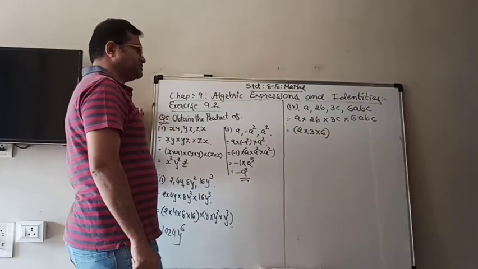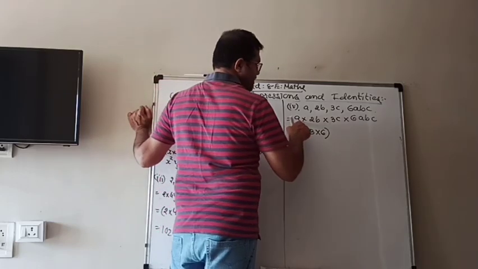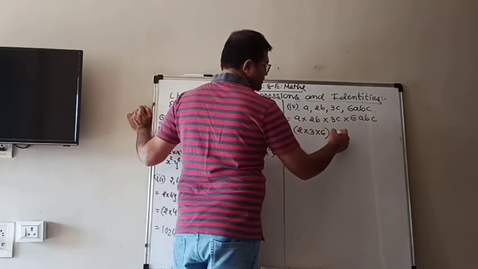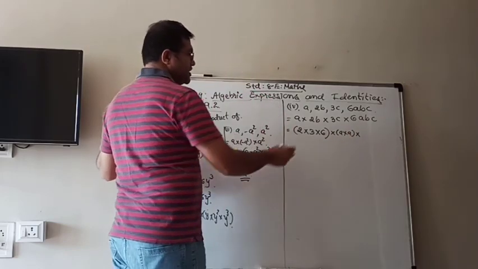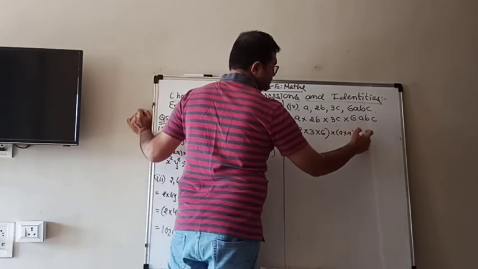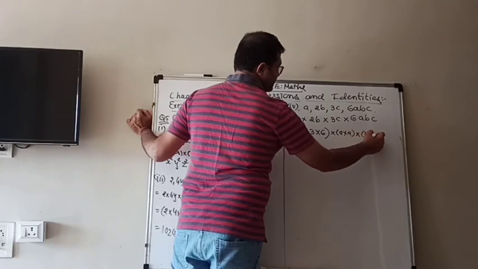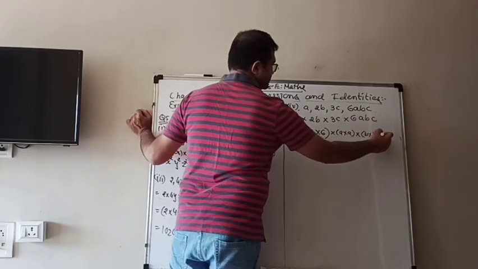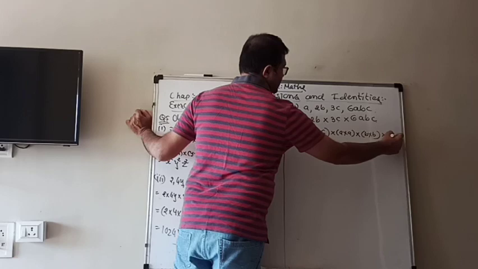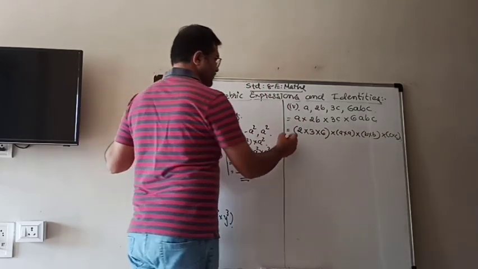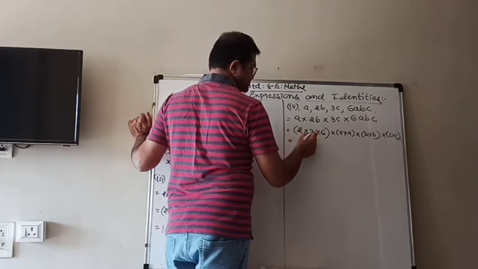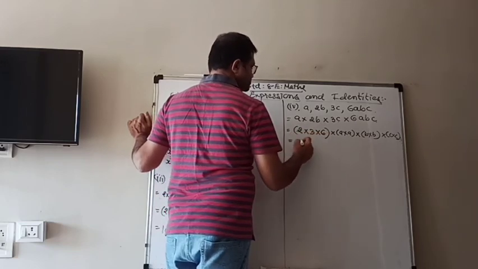Now check the variables if they are equal. A is here and again A is here. So A multiplied by A. B also, 2 times, B and B. So B multiplied by B, and C is also there. So multiplied by C multiplied by C. So first the coefficient, 2 3s are 6, 6 6s are 36.